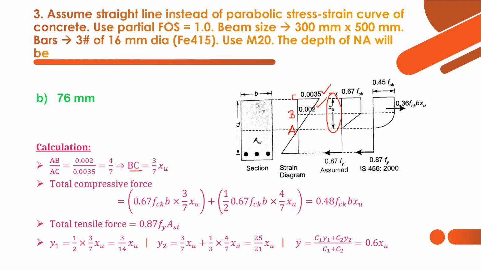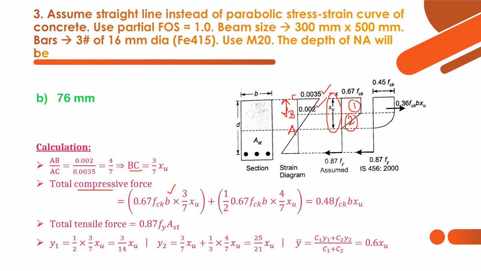Moving to the calculation of compressive force, we have two blocks. One is rectangular variation, another one is triangular variation. First, let's calculate the rectangular variation. So 0.67 fck into breadth of the beam into the depth of the rectangular variation, that is 3 by 7 xu, which is nothing but the BC value.